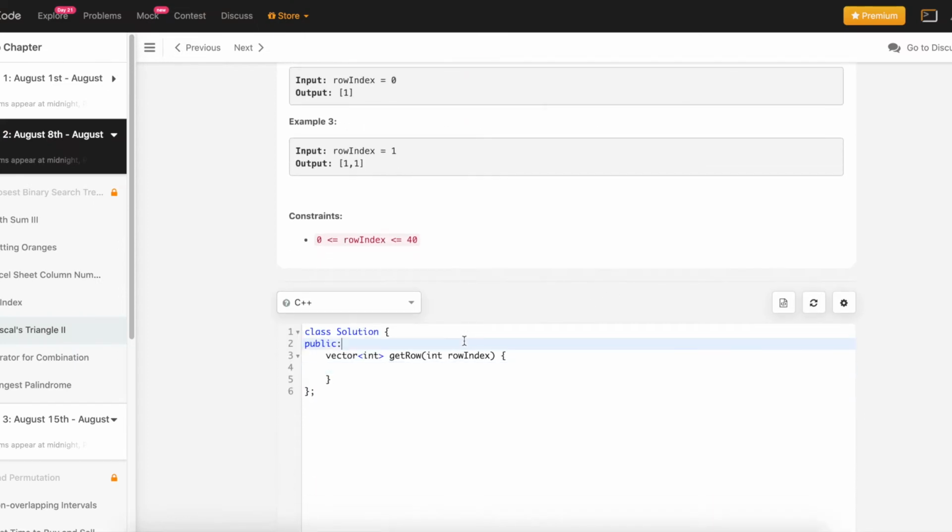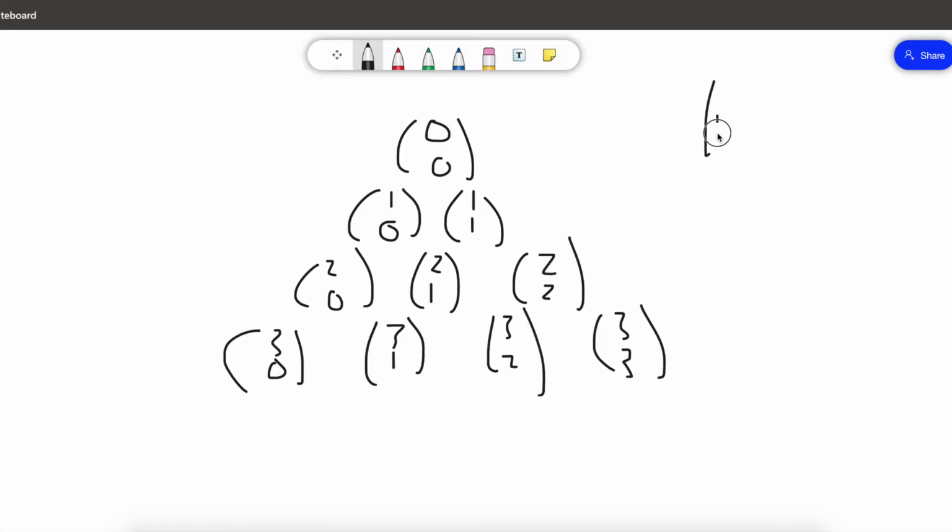So let's create a method to do n choose r. So it's int nChooseR, int n, int r. n choose r is essentially n factorial over r factorial times n minus r factorial.